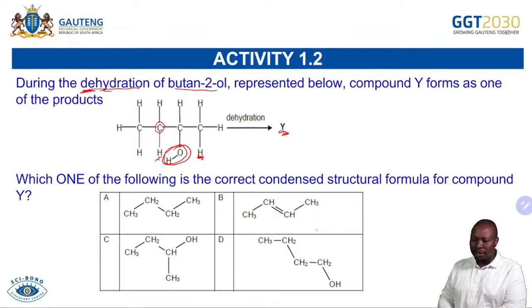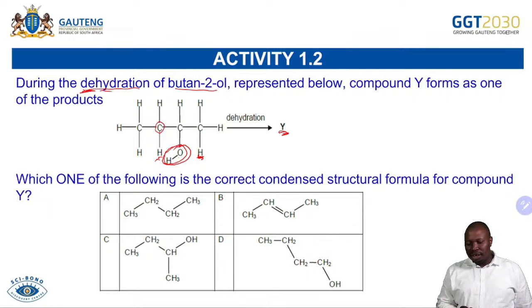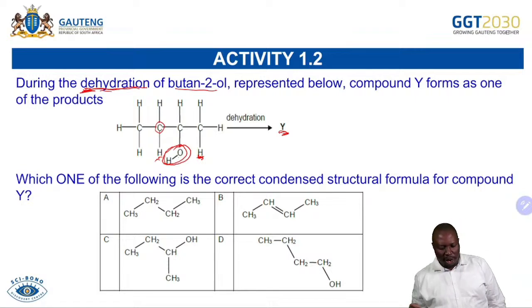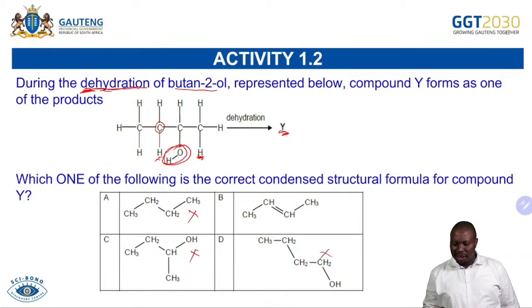When you go to our options, you are able to check that when we dehydrate, when we eliminate, we are forming a double bond. So the answer must have a double bond. Option A, no double bond. Option C, no double bond. Option D, no double bond. So they are all incorrect.